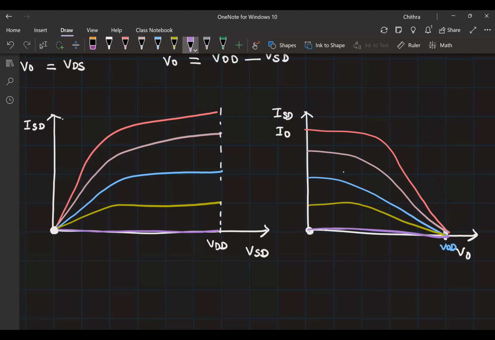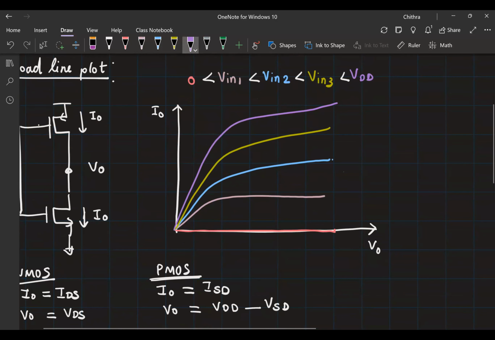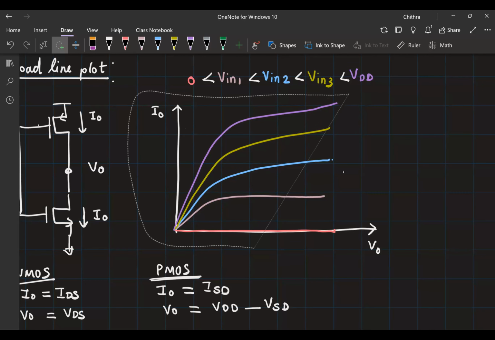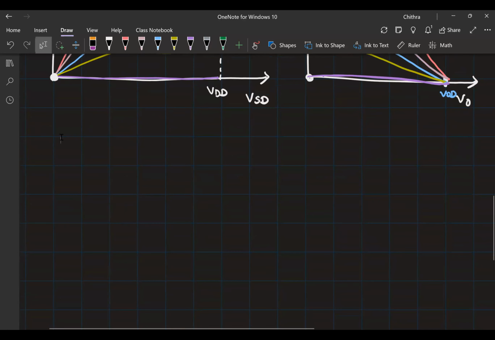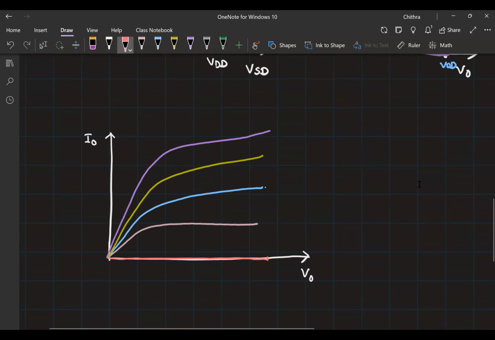So now I have to put both these in the same plot and find out where these lines are intersecting. Is this clear? So let me copy this. Right. So this was our VDD. Now I'm going to draw the curves corresponding to PMOS on this.